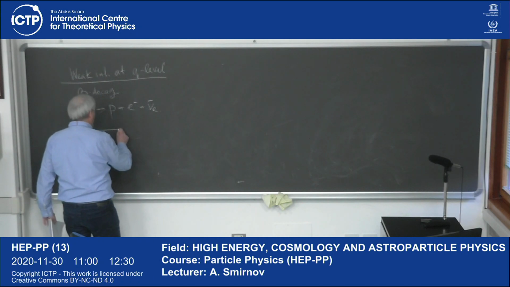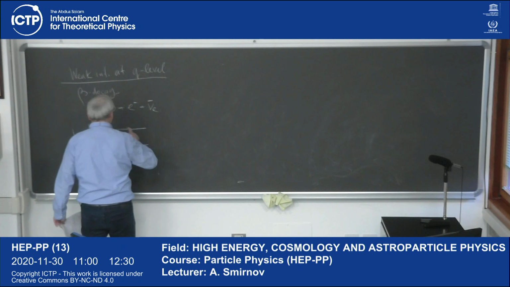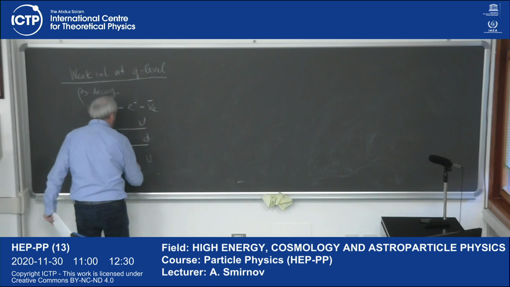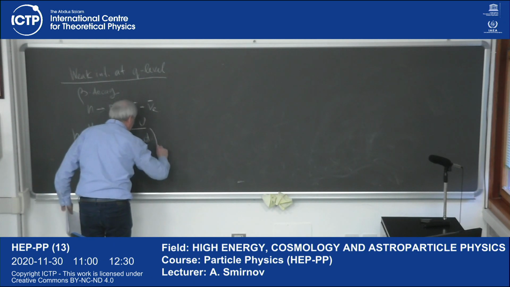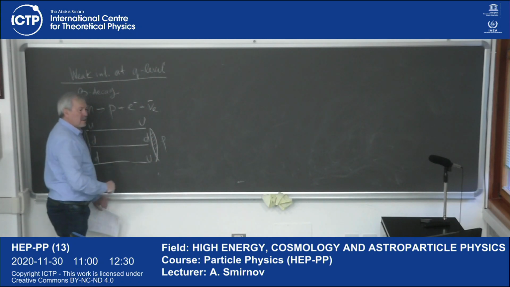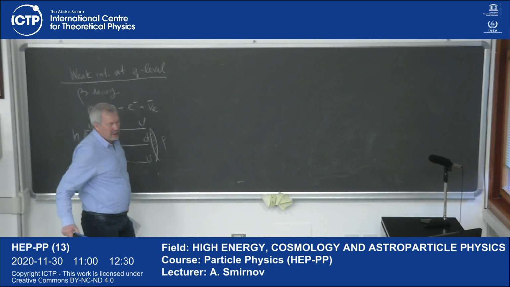In contrast, the proton has a U, D, and U structure. So it has 2 U quarks and 1 D quark. This is 2/3, 2/3, that is 4/3, and minus 1/3. You can check by just the electric charge.